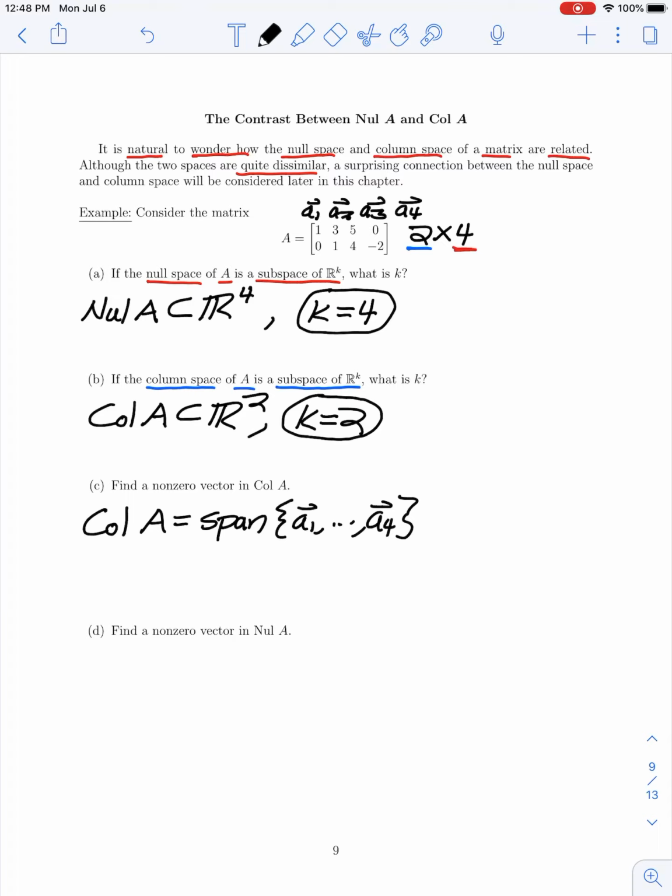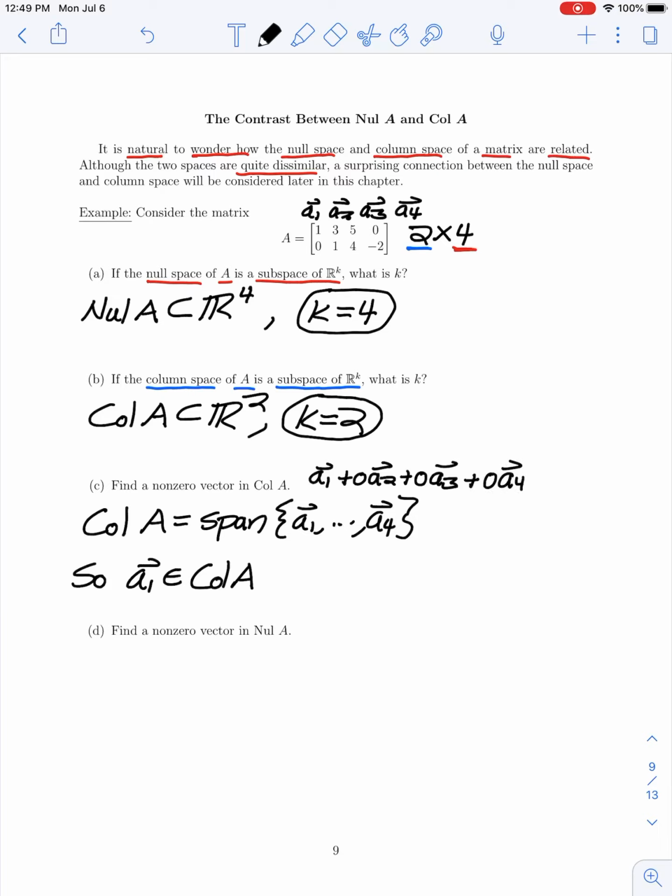So if we want just one non-zero vector that lies within the column space, well, we could choose any one of these columns. So for instance, the first column vector, A1, is in the column space of A because one linear combination that I could take would be 1A1 plus 0A2 plus 0A3 plus 0A4.